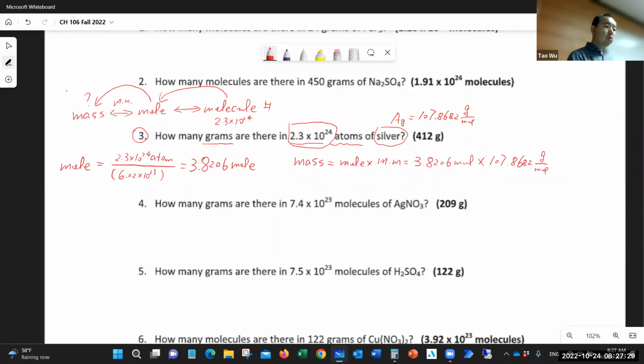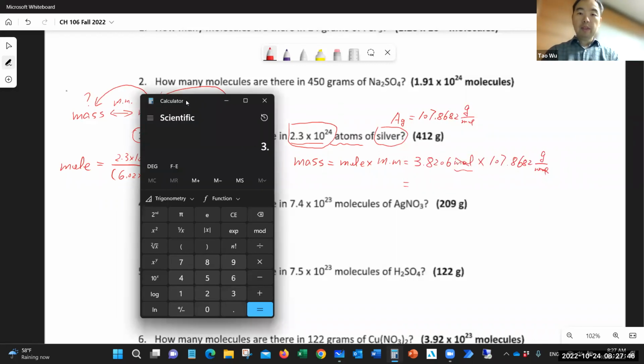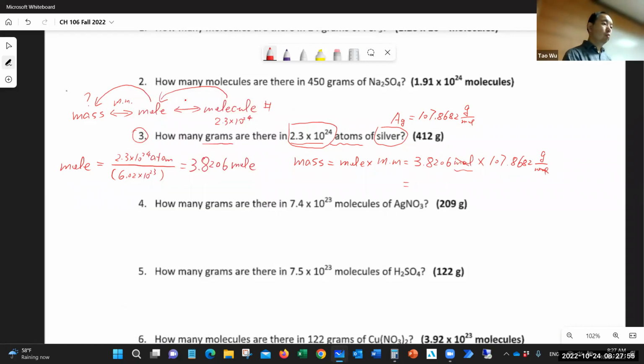If you look at the unit, here is a mole, here is a gram per mole. This mole cancels. The unit is in gram. So you times that together, 3.8206 times 107.8682, you got 412.12 gram. This is a gram of silver.